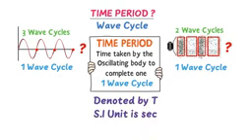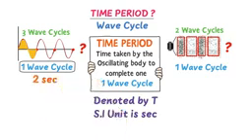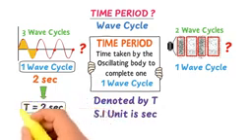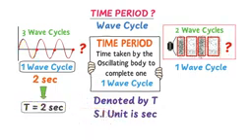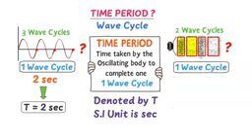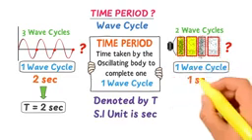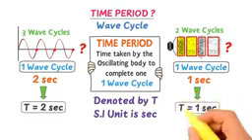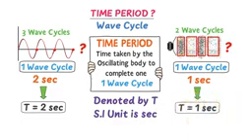For example, if this wave completes its one oscillation or one wave cycle in 2 seconds, then its time period is T equal to 2 seconds. If this wave completes one oscillation or one wave cycle in 1 second, then its time period is T equal to 1 second. Thus remember that time period is the time taken by the oscillating body to complete one cycle.